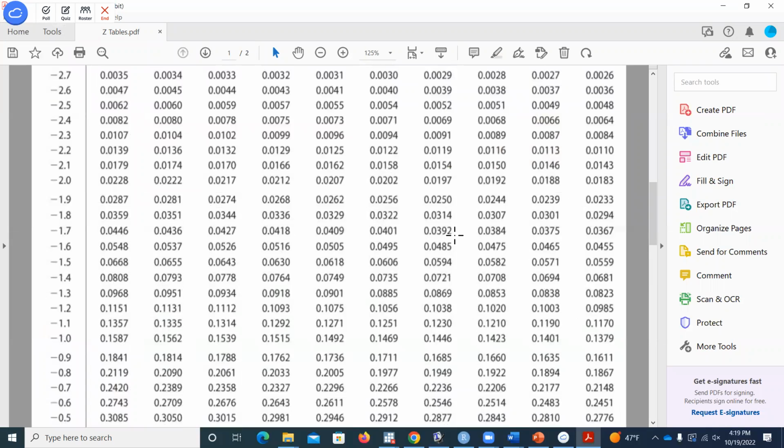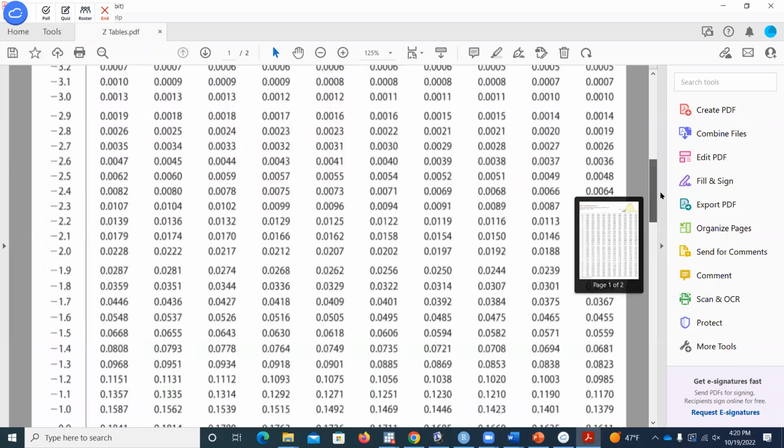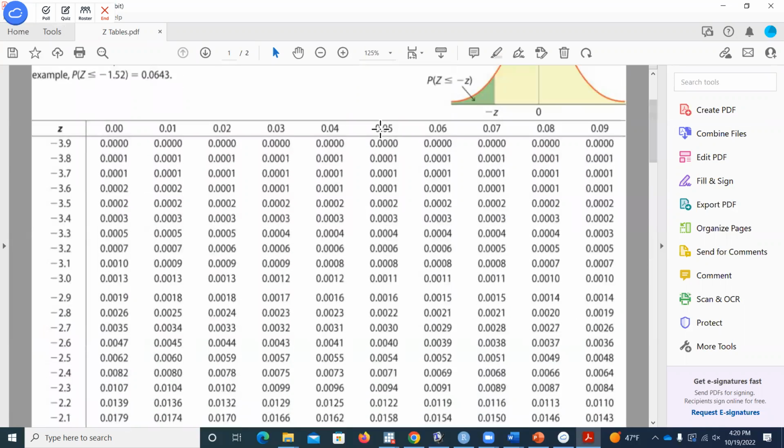So here, I'm looking at these numbers. I've got to find 0.4, right? Looks like I'm in between these two values. This is the closest I can get to 0.4. So the z value that would give me that desired area in that left tail is negative 0.25 and negative 0.26.